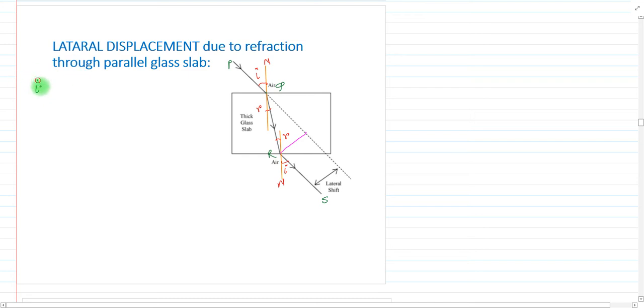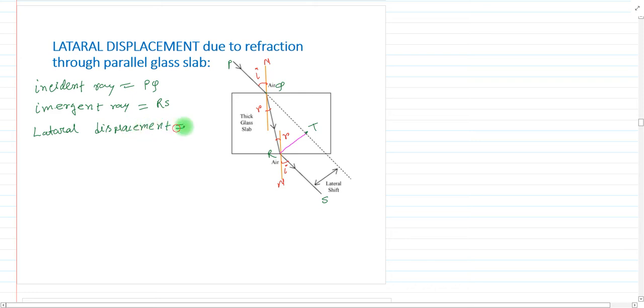So here the incident ray equals PQ and the emergent ray equals RS. Suppose this point is T, then the lateral displacement is RT.